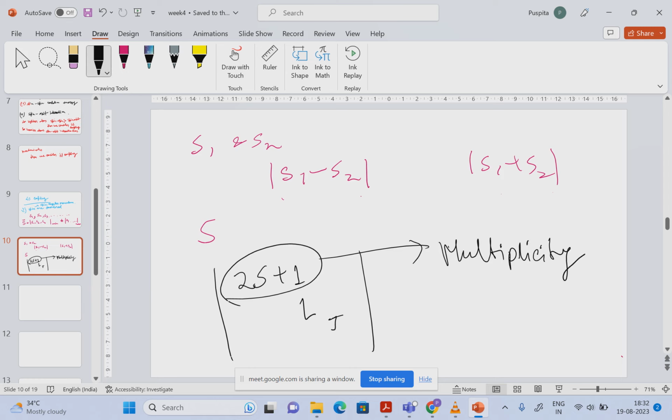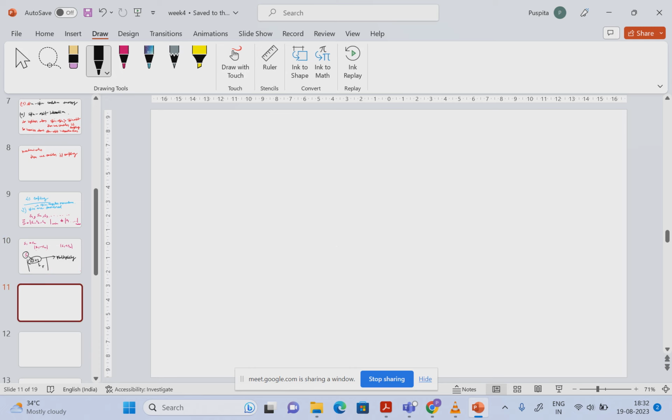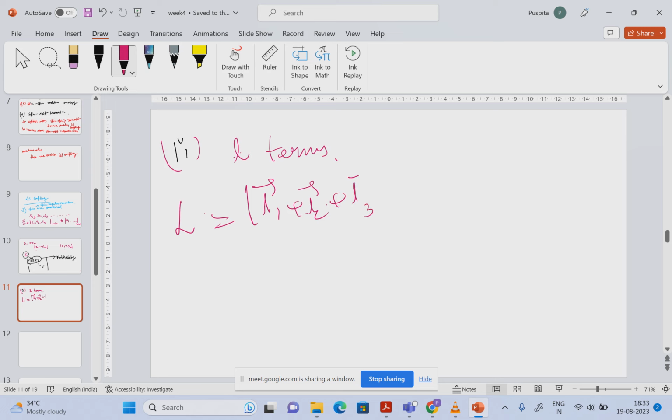Then we add the L terms, like capital L will be L1 plus L2 plus L3, and so on, from minimum to maximum.